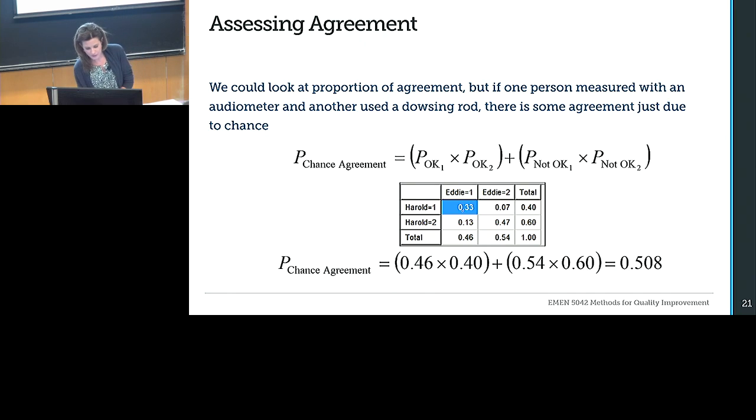Like if I'm looking at this example here, I could say the proportion okay in category 1 for rater 1 times the proportion okay for rater 2. Category 2. Well, anyway, this is the chance agreement here.